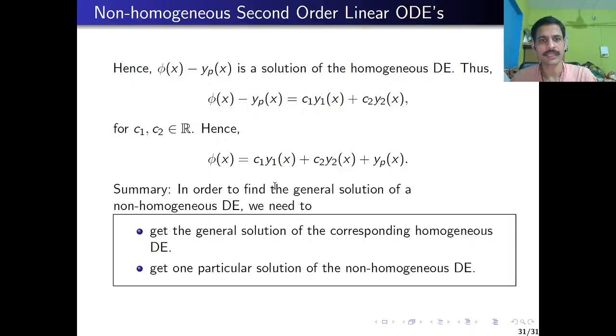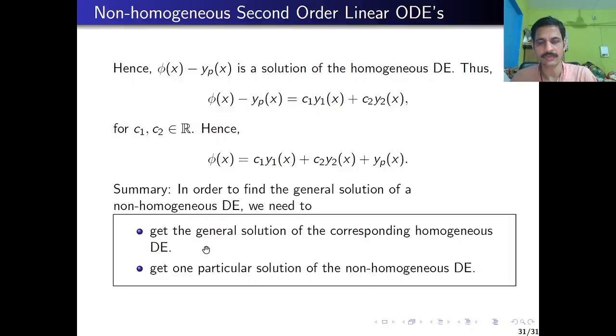What is the summary? The summary is that we get a method of finding the general solution of the non-homogeneous ODE. For that, what do you have to do? First, we get the general solution of the corresponding homogeneous ODE, that is the associated homogeneous ODE for every non-homogeneous ODE. We find the two linearly independent solutions.